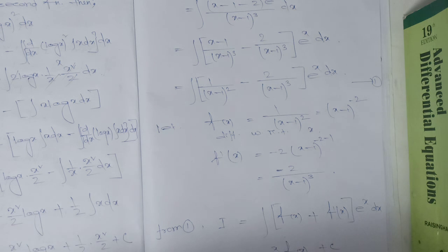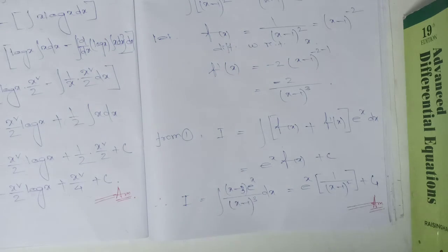Now ultimately putting the value of f x, we get the answer: integration of x minus 3 e to the power x by x minus 1 whole cube dx equal to e to the power x into 1 by x minus 1 whole square plus c. This is the answer of the given question.